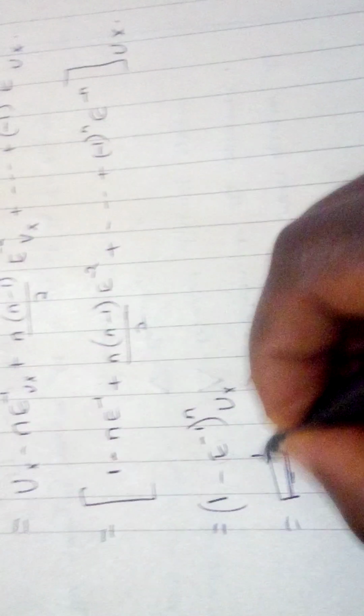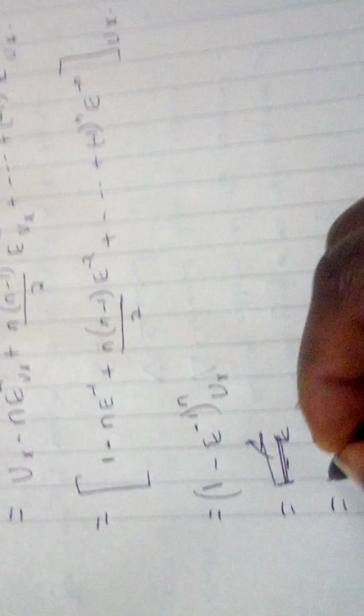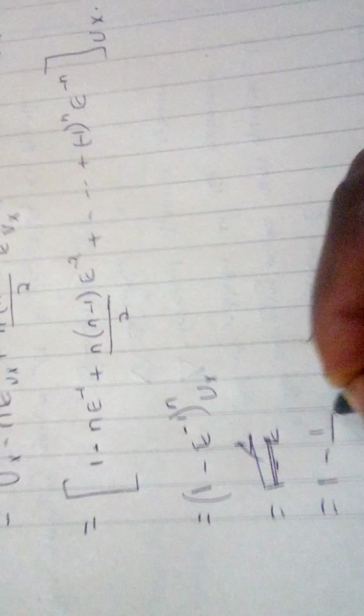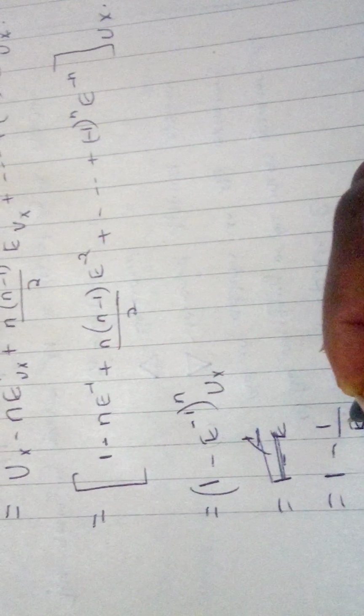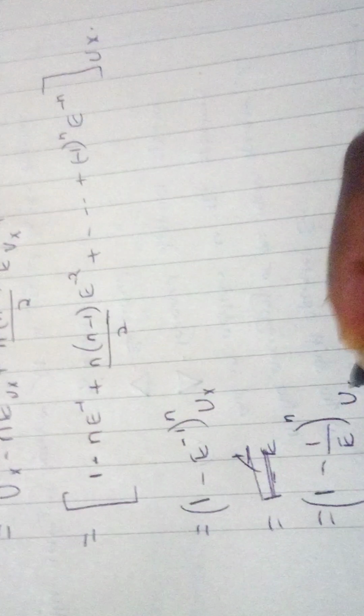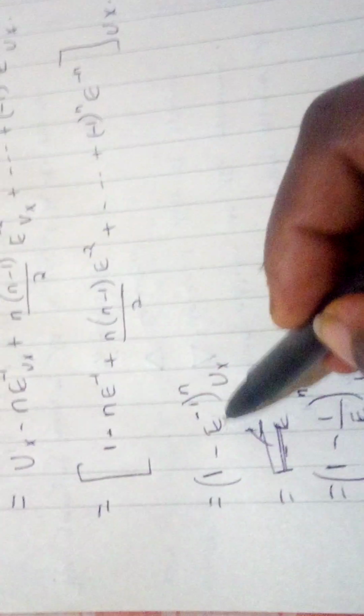Putting this as a fraction, the reciprocal of E to power negative 1 is 1 over E. Let's write it well here. We have 1 minus 1 over E, to power n, u(x). Are we together? In this case, we are going to employ the method of LCM, the lowest common multiple.